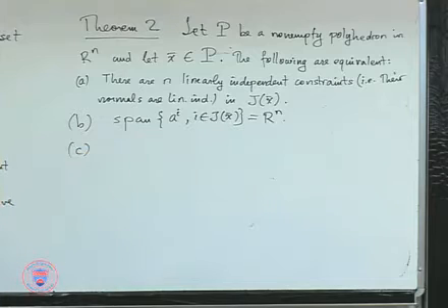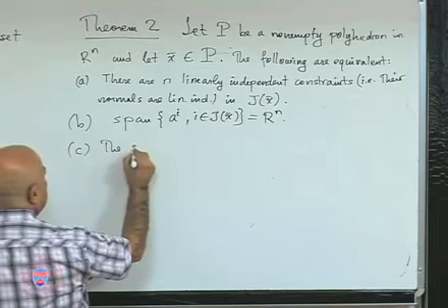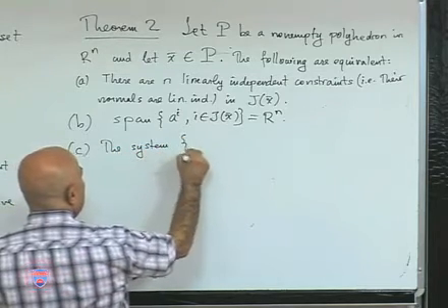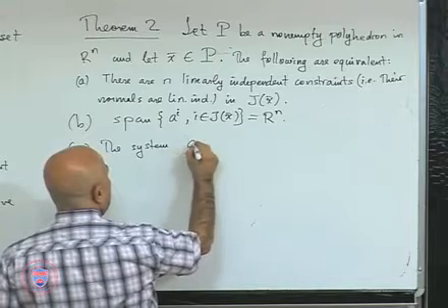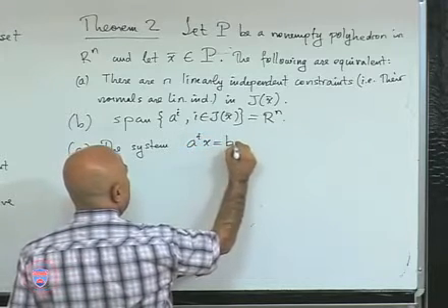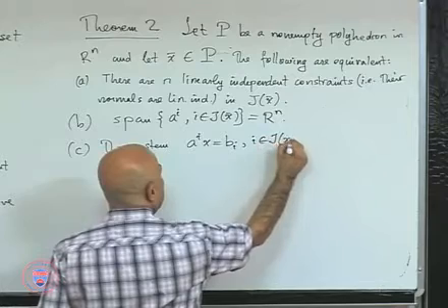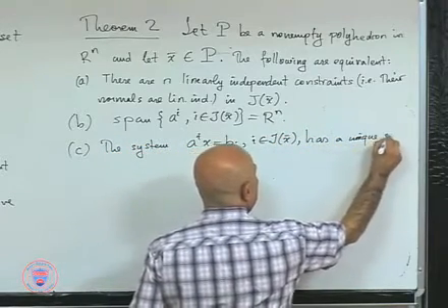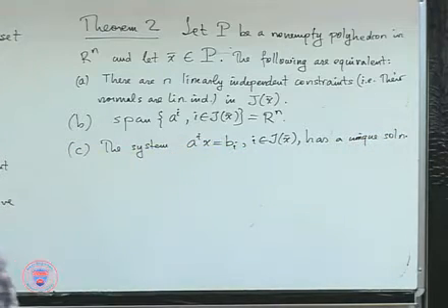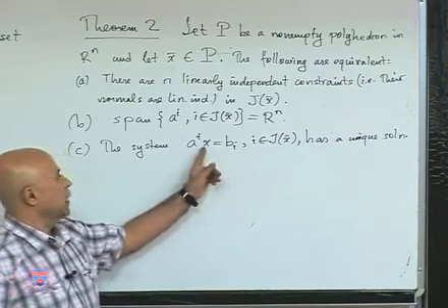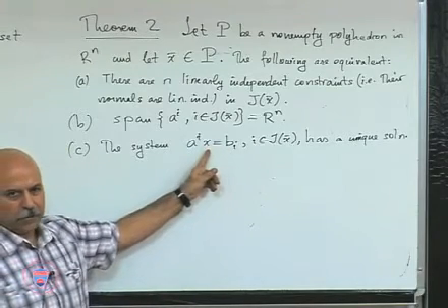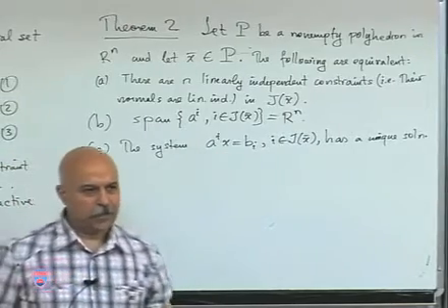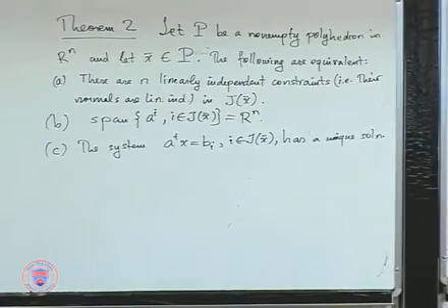And part C: the system a_i x = b_i for i in the active set has a unique solution. In which case, of course, since x bar is already a solution to this system, that unique solution has to be x bar.